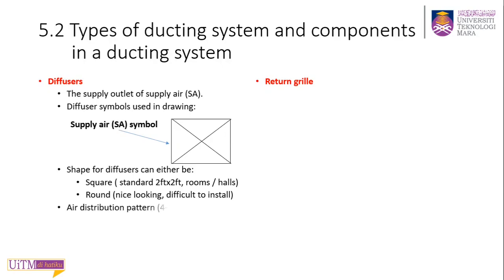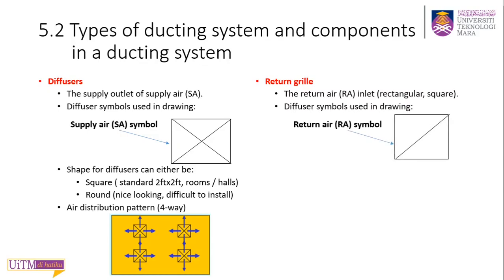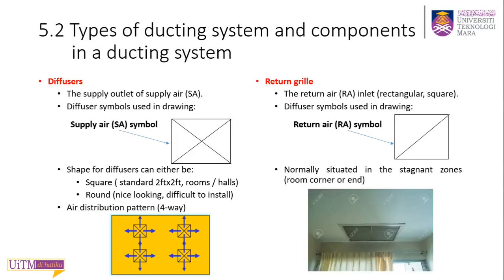The air distribution pattern for a 4-way square diffuser is as shown in the figure given. Return grills are the inlet for the return air. In HVAC drawing, the symbol for a return grill is as follows. Return grills are normally located in stagnant zones where there is little or no movement of air.